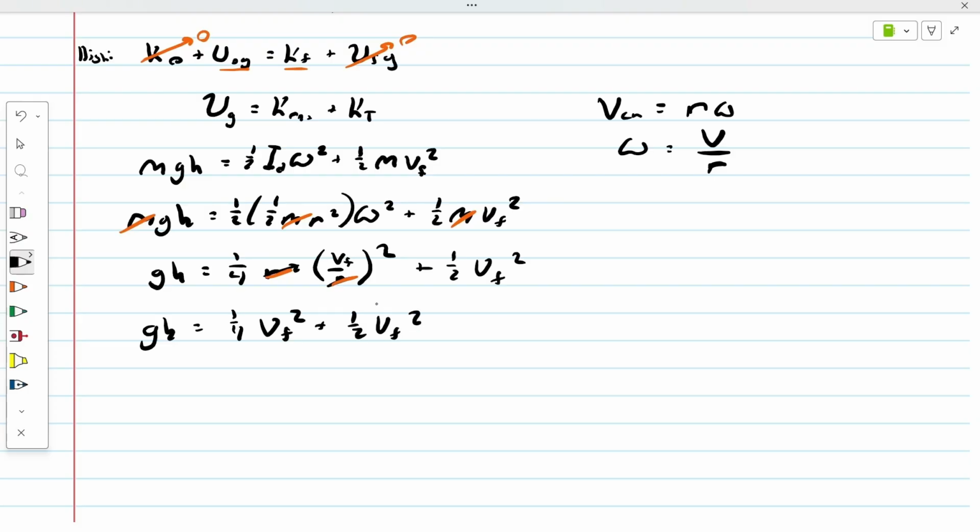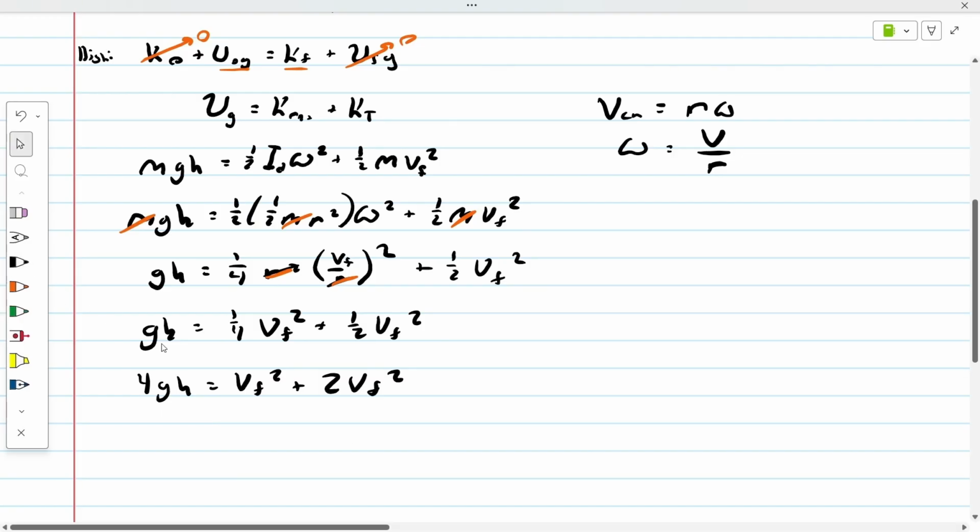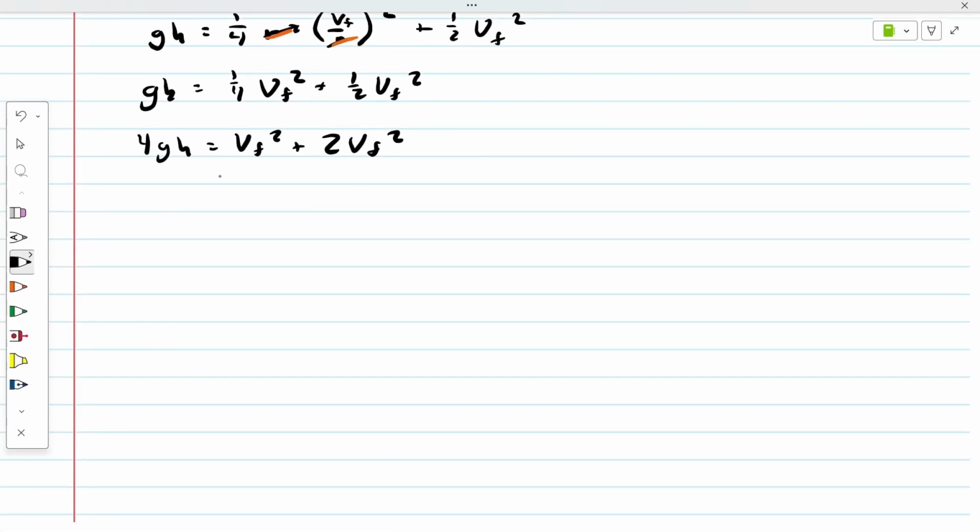And so we can go ahead and combine some terms here, and I'll just multiply by 4 to make this a little bit easier. And so if we rewrite this, if we combine our velocities and divide, we get that the velocity final squared equals 4/3 gh, and so this velocity final is going to be the square root of 4/3 gh.